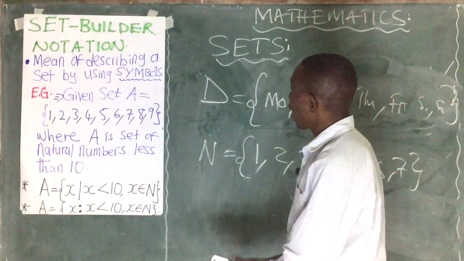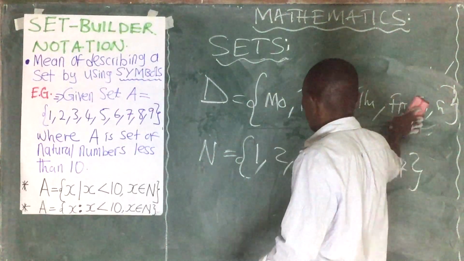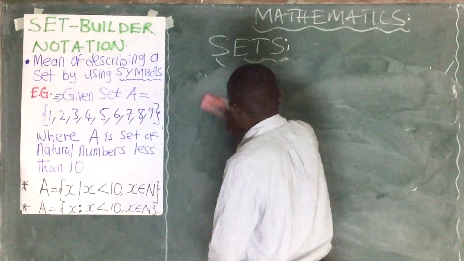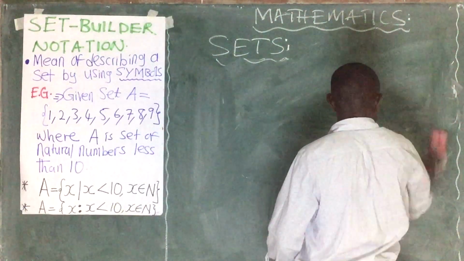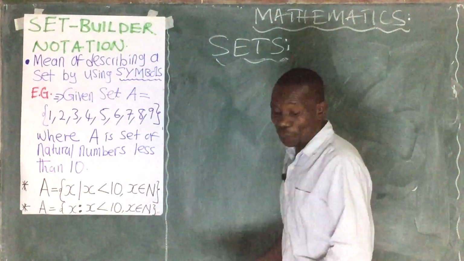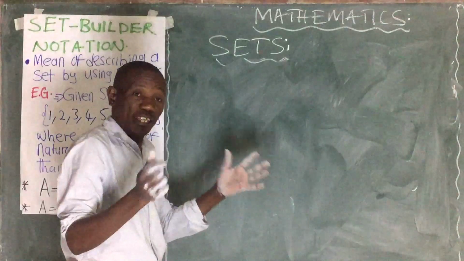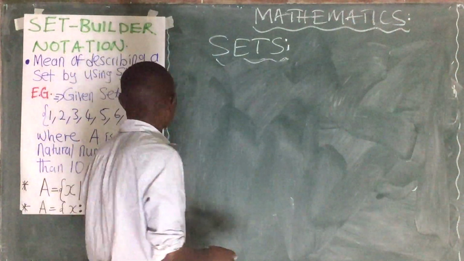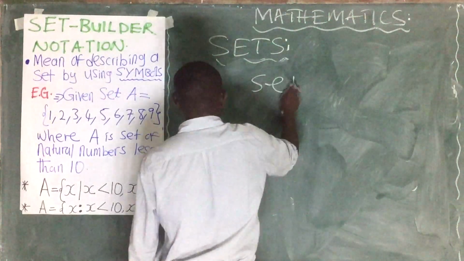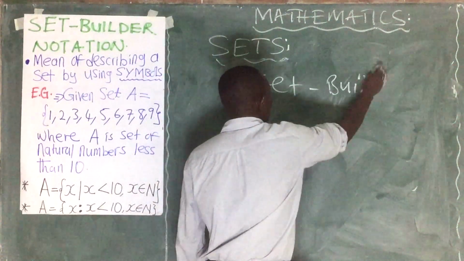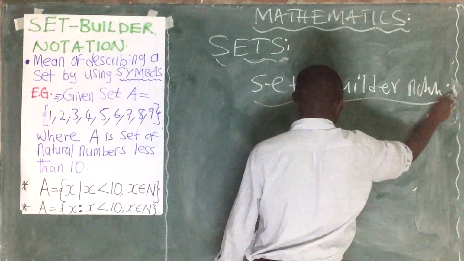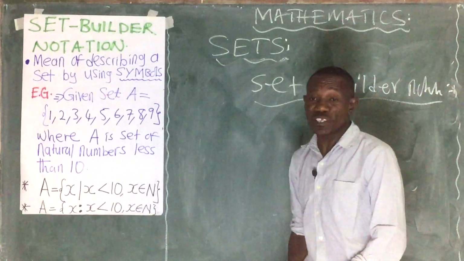Set builder notation. So you can describe the elements of a set directly by introducing the capital letter to describe the members themselves, and have the list individually written in the curly brackets like that. But apart from that, we are also talking of set builder notation as another way of presenting the elements of a set.